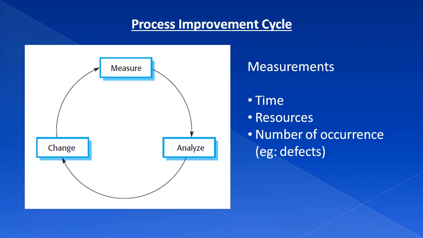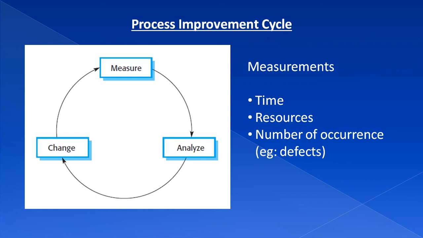So, for example, they may get a project, so they measure the time they take for the development, and they analyze why they took that much time, and they make the necessary changes using good engineering principles. Then again they measure the time, whether it has improved or not, analyze it again, find their faults, and change.